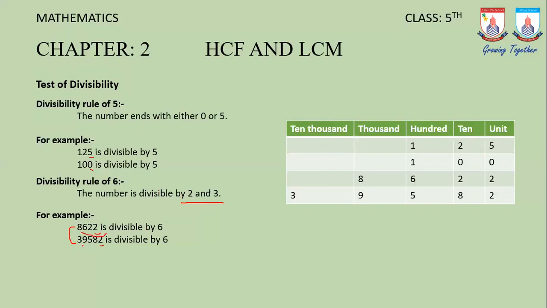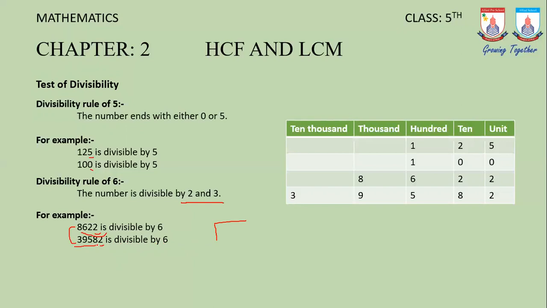The below example is 39,582, which is a very large number compared to the previous one. If we check by doing lengthy calculation, we consume a lot of time. So the divisibility rule helps us save time and tell in an easy way whether it is divisible by some number or not.